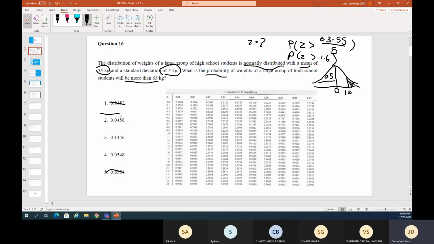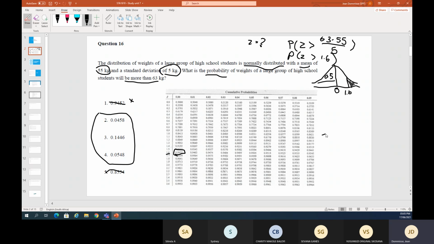So we basically have these 3 options that we can pick out of. So bigger than 1.6. So let's look at 1.6, 1.60. So we have 0.9452. So if we work with that and didn't realize that we need to get the smaller value, we would have selected that, which would have been wrong.